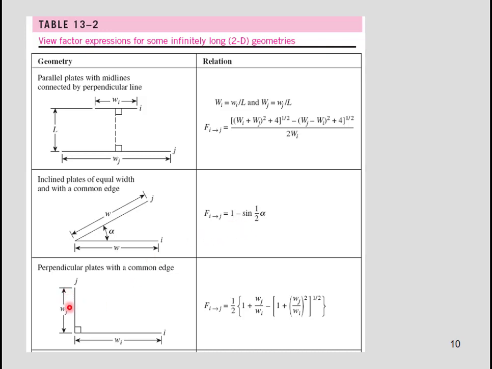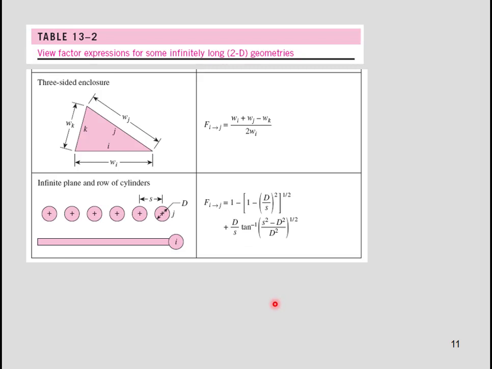And for perpendicular plates with a common edge, by this equation. And for this geometry as well, a three-sided enclosure, we have this equation to find the view factor from this surface to the other surface. From i to j, for example, we can use this equation. From i to k, we can just rearrange this equation to find that as well.